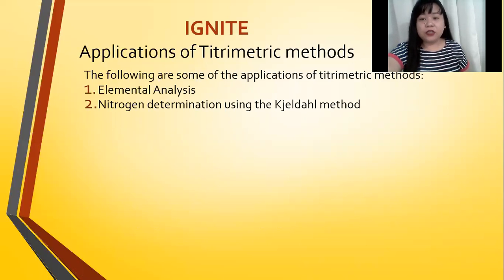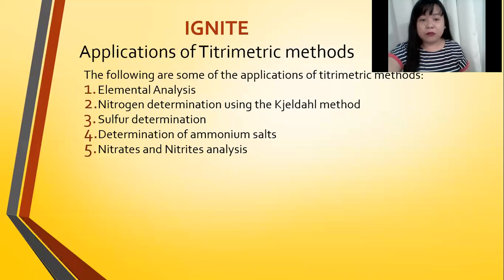Nitrogen determination using the Kjeldahl method, obviously, is measuring the nitrogen present in a sample. Sulfur determination, determination of ammonium salts, nitrates and nitrites. For nitrates and nitrites, we are supposed to perform this for water analysis, water quality analysis.